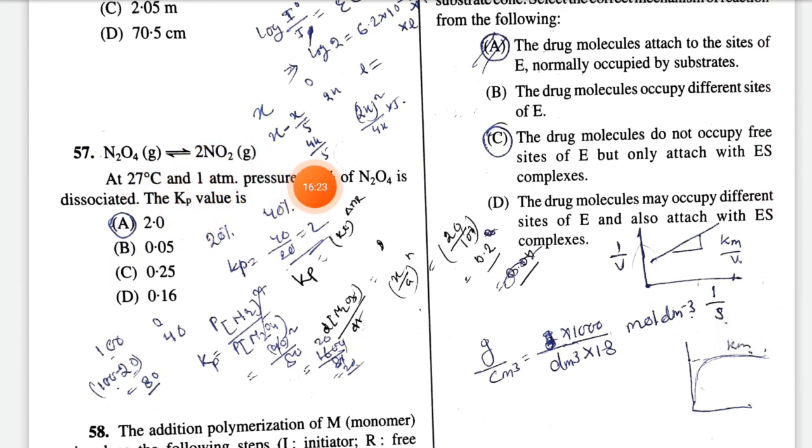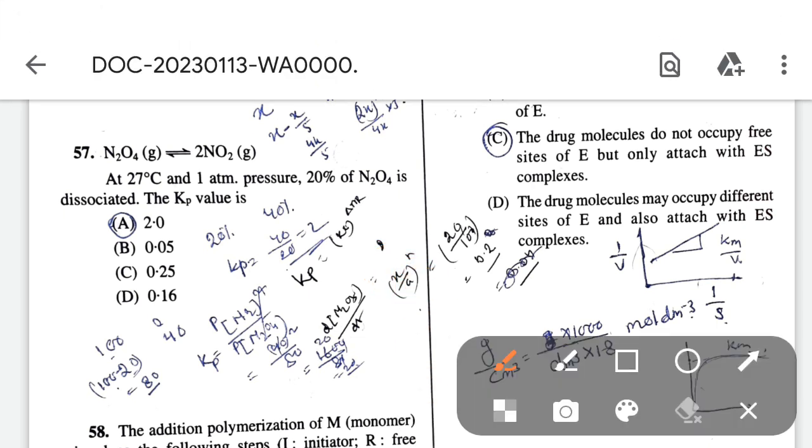Next, N2O4 reversible 2NO2 at 27 degree centigrade and 1 atm pressure, 20% of N2O4 is dissociated. The Kp value is, okay, so we will solve this by an easy trick. If 1 mole is dissociated, then 2 mole of NO2 is formed.